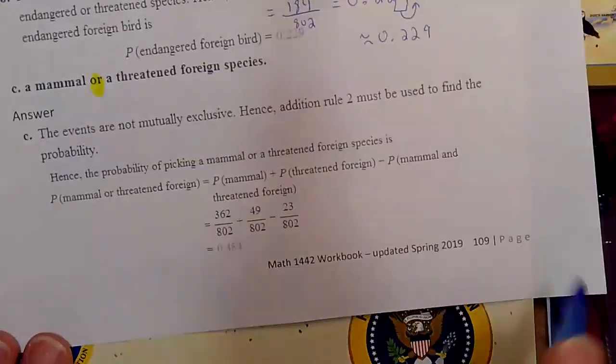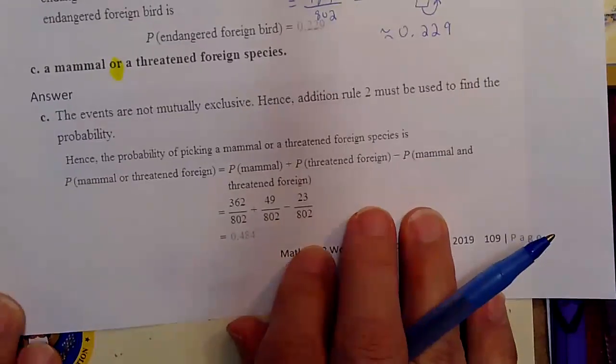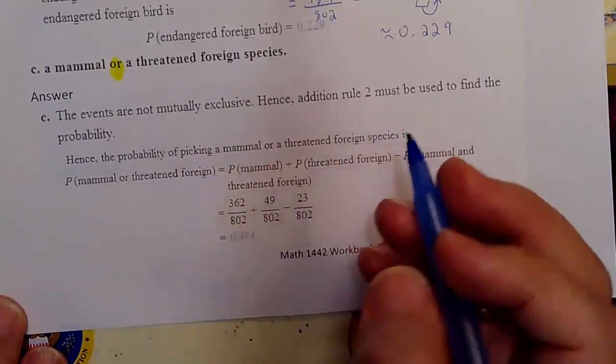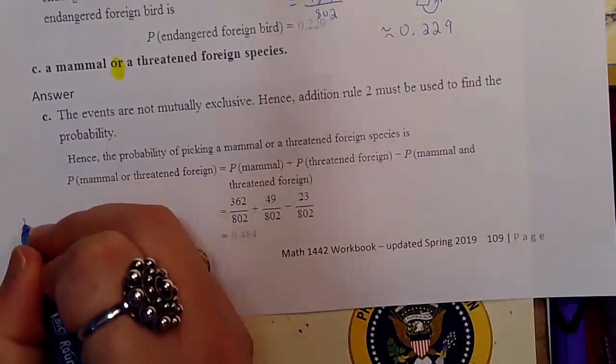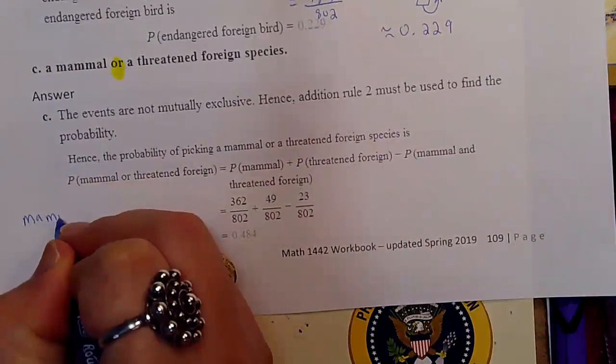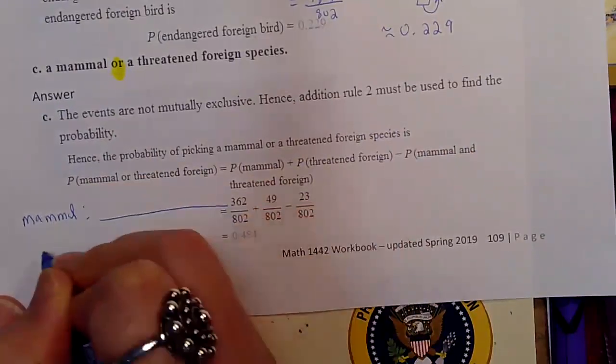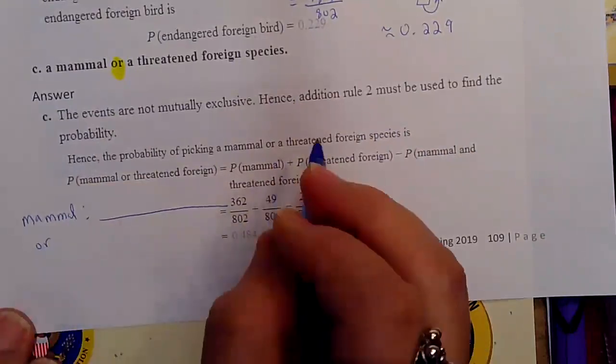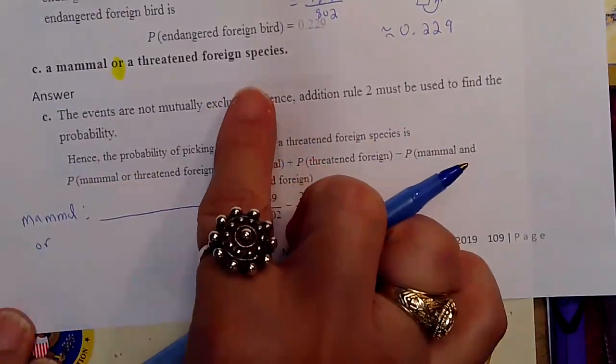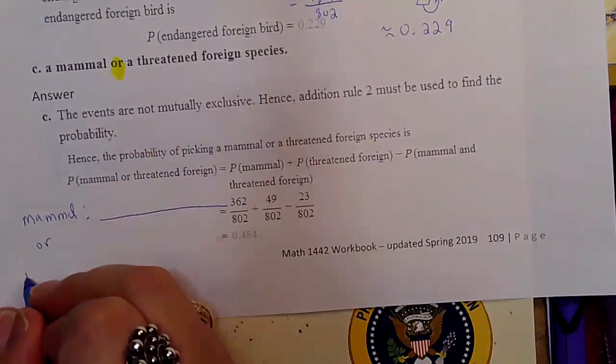So you got those subjects. This is an or. So this is one where on a test, I'll have here the mammal outcomes, and this is an or. And then I have the threatened foreign species.